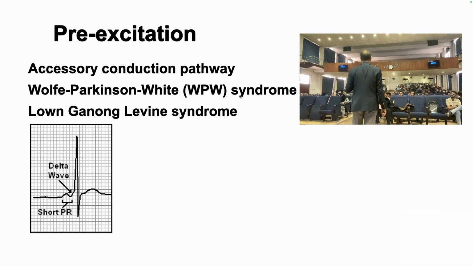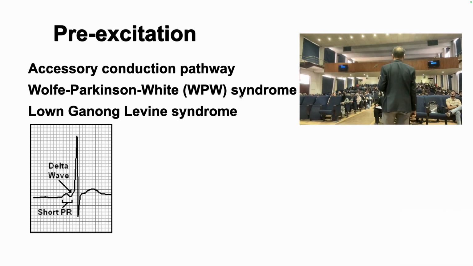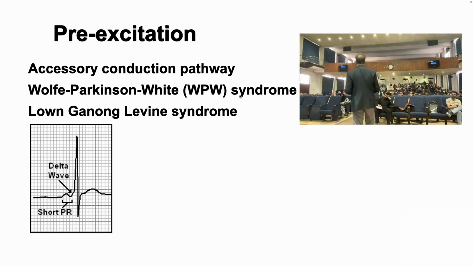Are there any specific atrial pathways? They are Wenckebach, Bachmann, and Thorel. These are the 3 pathways which connect the SA node with the AV node. And then down below, you have the bundle of His and its branches.